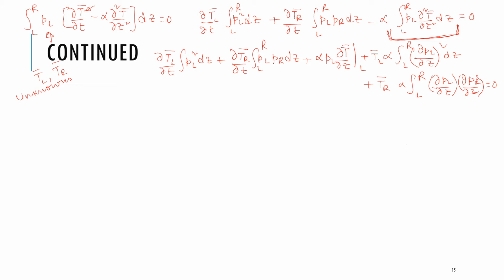So now notice it has all of these terms like this, but what is PL? PL is simply (Z minus R) over (L minus R). So R and L, they are constants. So this is a simple integration. So let's do one of these.